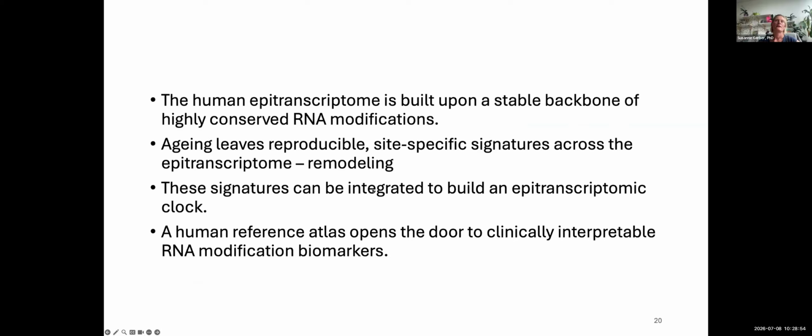And these signatures can even be used to build an epitranscriptomic clock and predict age just based on an epitranscriptomic sample. And what we see is that these reference atlases that are currently emerging have the potential to open the door to clinically interpretable RNA modification biomarkers.